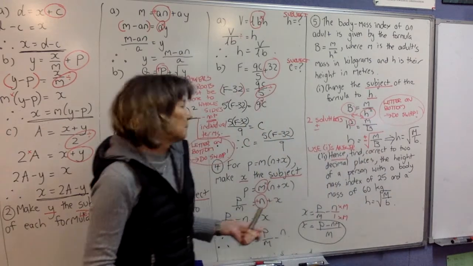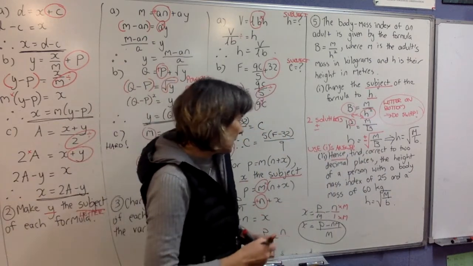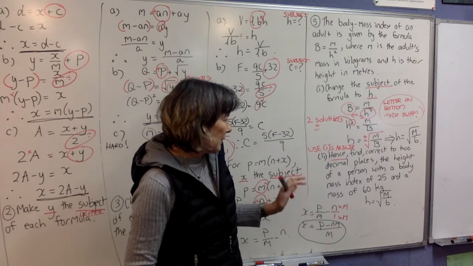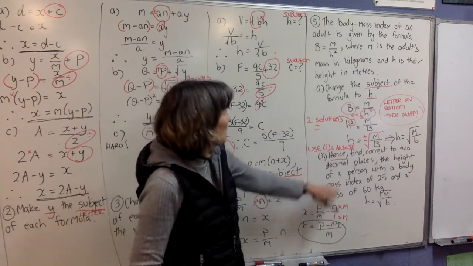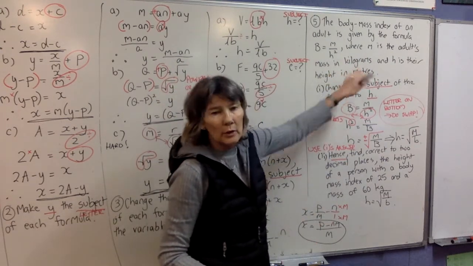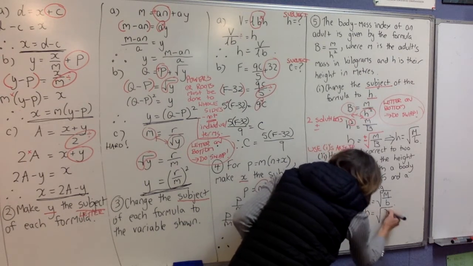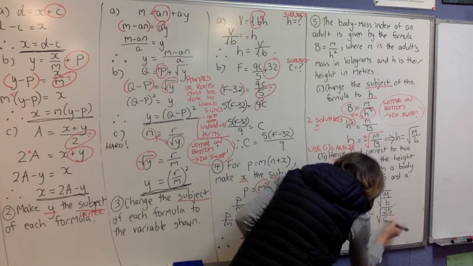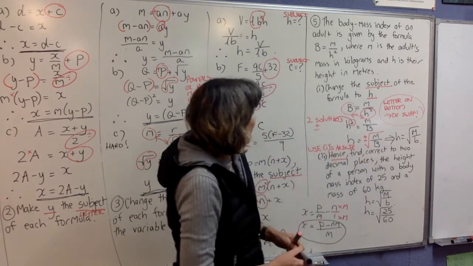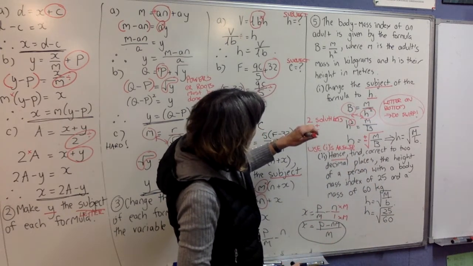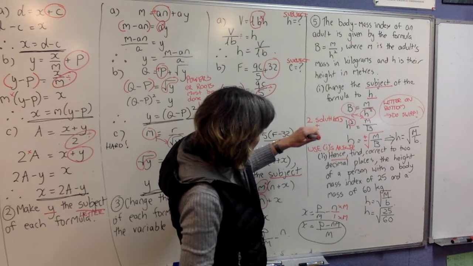Now I'm going to use it. They've told me the body mass index is 25 and the mass is 60 kilograms. It is the right units for the mass, so I'm just going to sub in. The body mass index was the m in the formula. Was it or not?